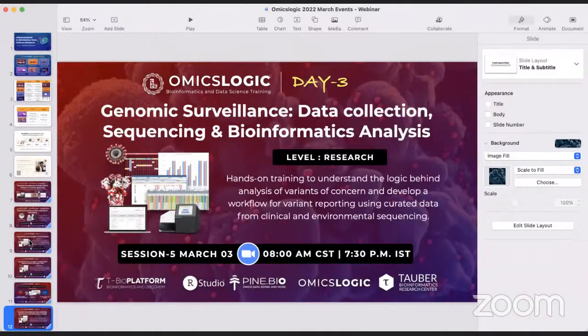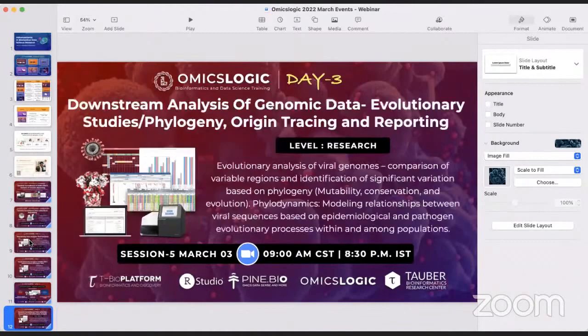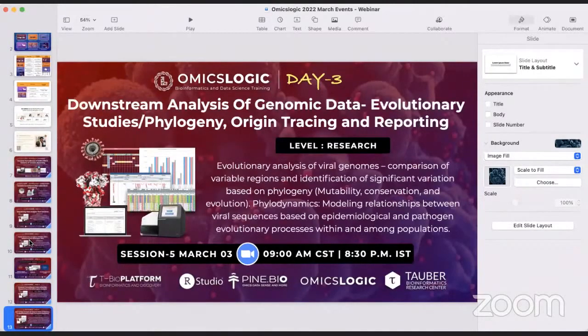Here we will be discussing the case studies that we have already worked on, and also come up with different reporting systems and the different outcomes that we have found from these analyses. So we will be moving from one session to another that are related to one another, but at the same time this type of data analysis could be done independently.